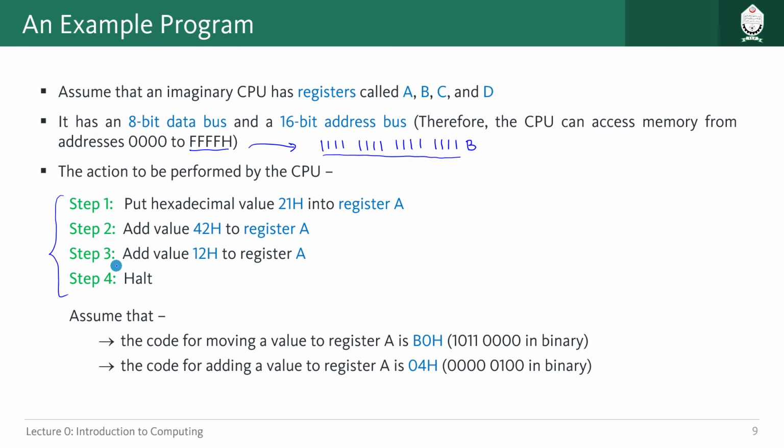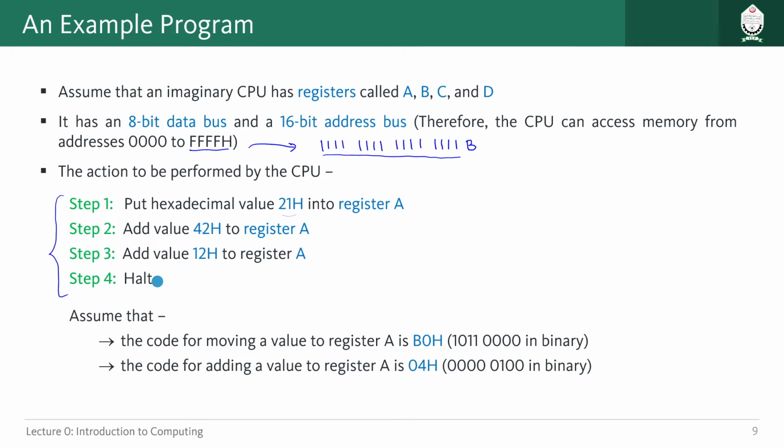Then third step, because in register A we have already accumulated some data which is 21H, with that this value will be already there, and with that we will add another value which is 12H. After doing all that, we will try to halt or stop the code, right? This is our task here.